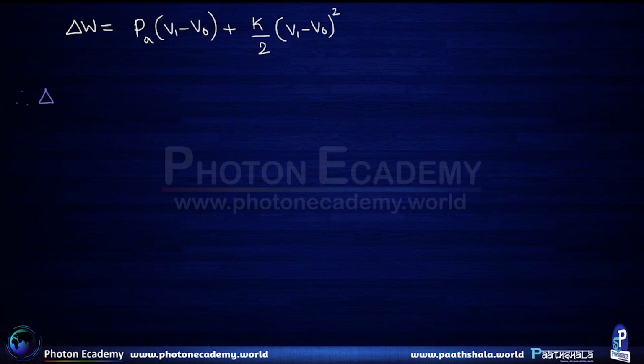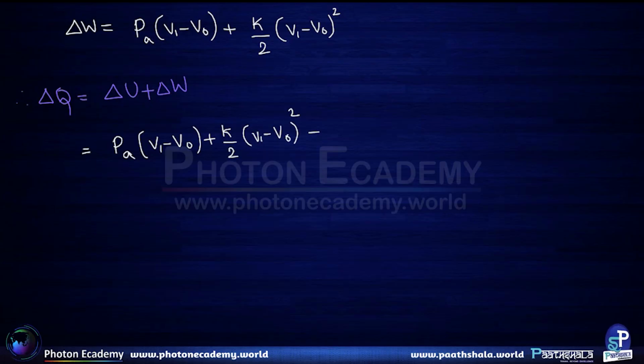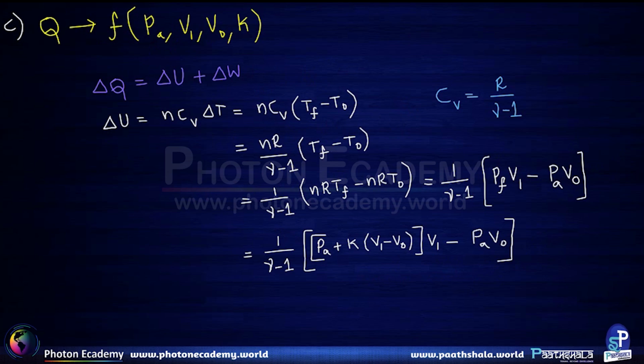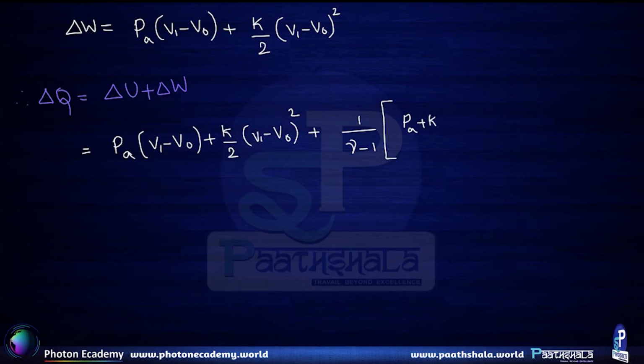Therefore, delta Q will be equal to delta U plus delta W, and after substituting we are going to get this as Pa into (V1 minus V0) plus K by 2 into (V1 minus V0) squared, this is the work done, plus the change in internal energy delta U, which we have calculated before, 1 by gamma minus 1 times (Pa plus K into (V1 minus V0)) times V1 minus P naught V naught.